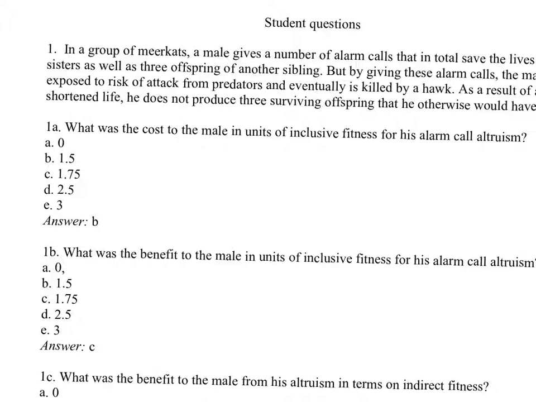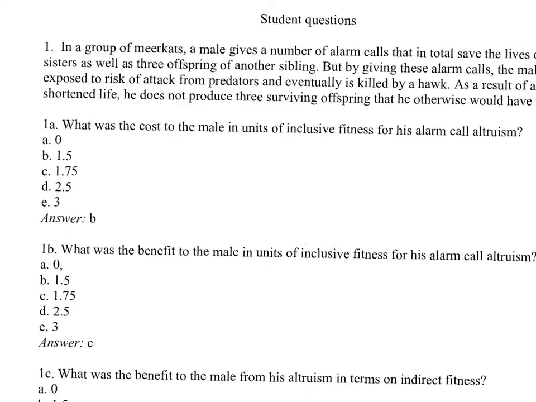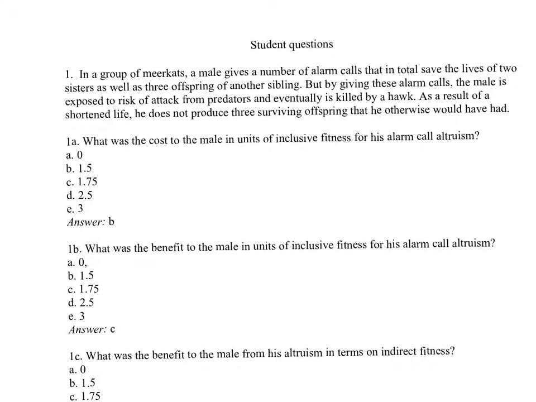So first of all, the cost to him is 3 surviving offspring, right? He doesn't get to have those because he's dead. So 3 surviving offspring is worth how much?